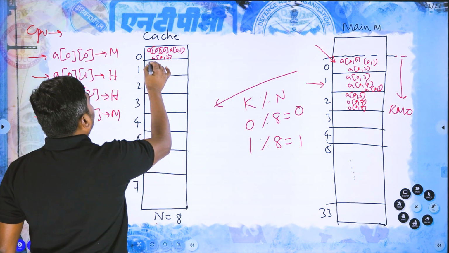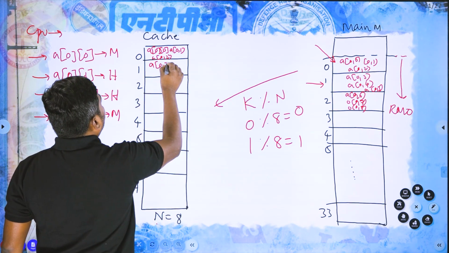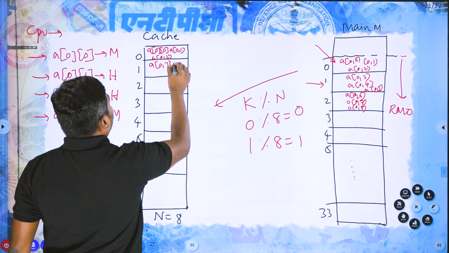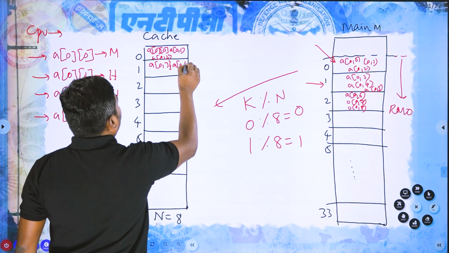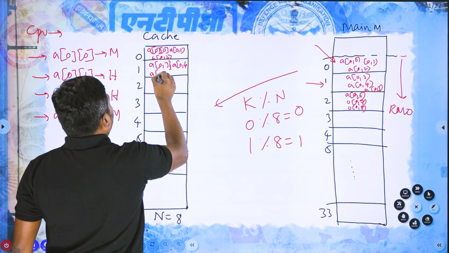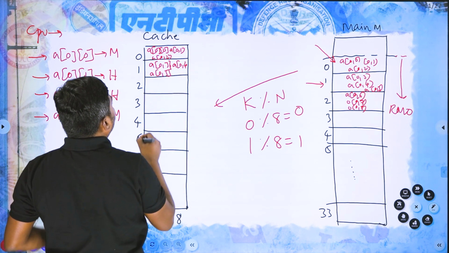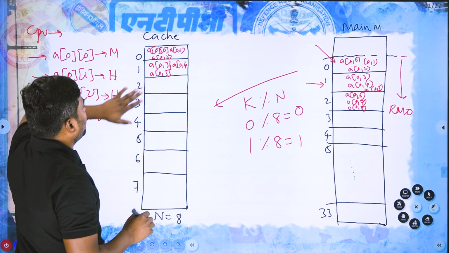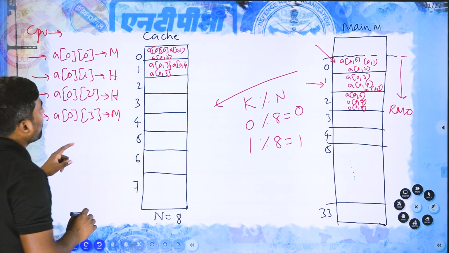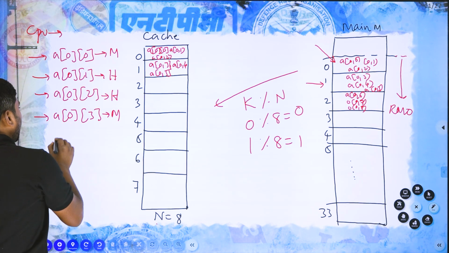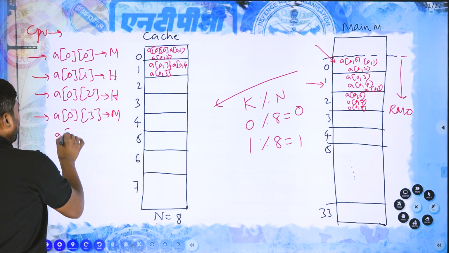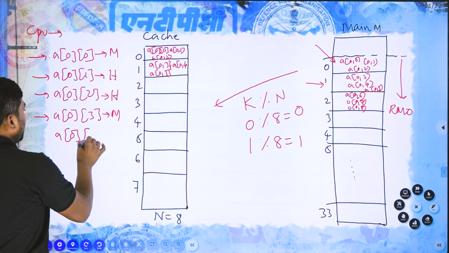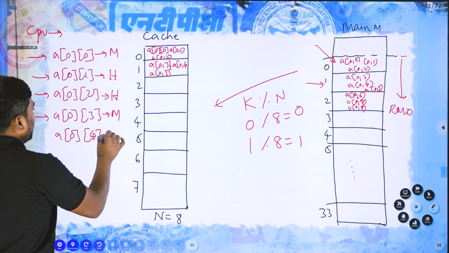So now A of 0, 3, A of 0, 4, A of 0, 5. I hope you are getting my point. Writing the array in short form, A of 0 to A of 5 will be there like this. Now 0, 3 is a miss. Then next, if the reference goes to A of 0, 4, is it going to be a hit or not?